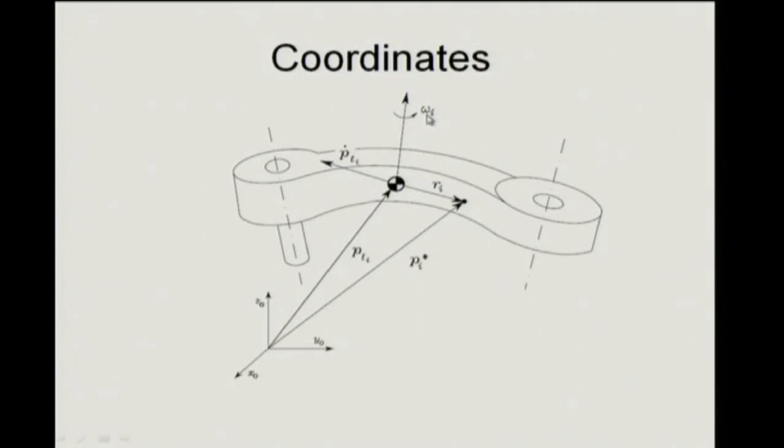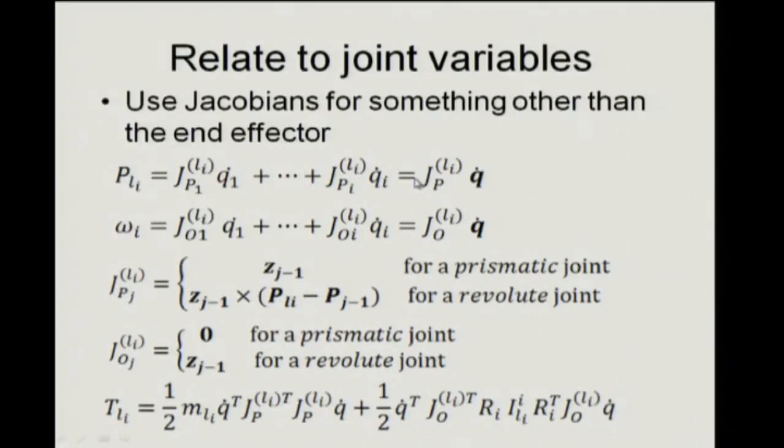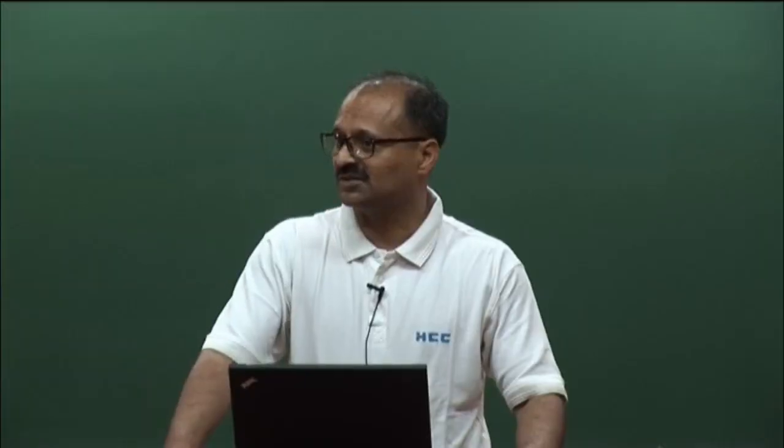So, these are general terms. So, we already know how to find velocities of anything we want under the sun as far as the links are concerned, because we know about Jacobians.